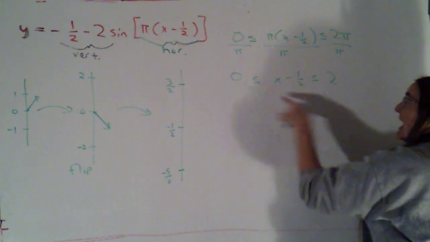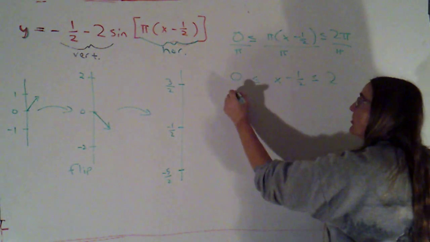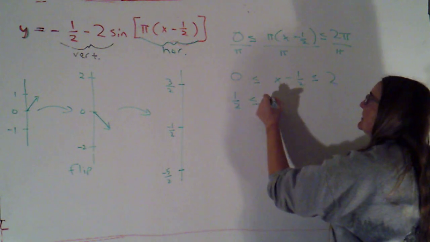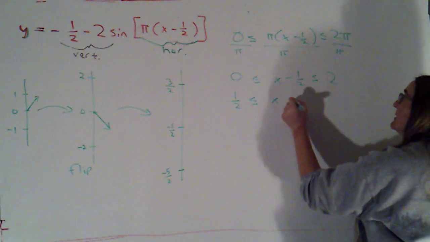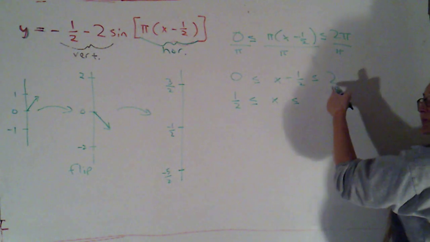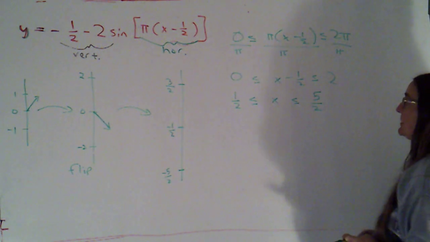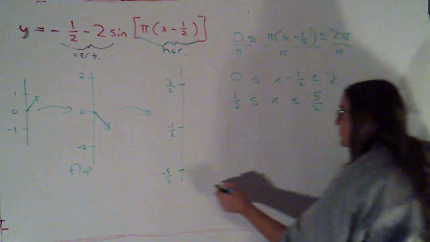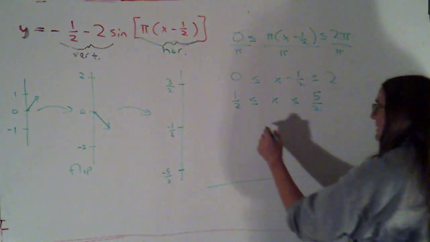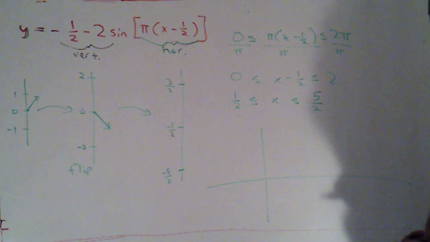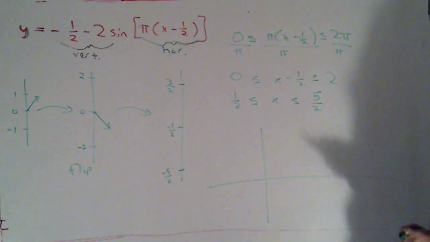Now just add 1/2 to each piece. 0 plus 1/2 is 1/2, less than or equal to x, less than or equal to 2 plus 1/2 is going to be 5/2. Okay. So my new starting point is going to be 1/2, and my new ending point is going to be 5/2.